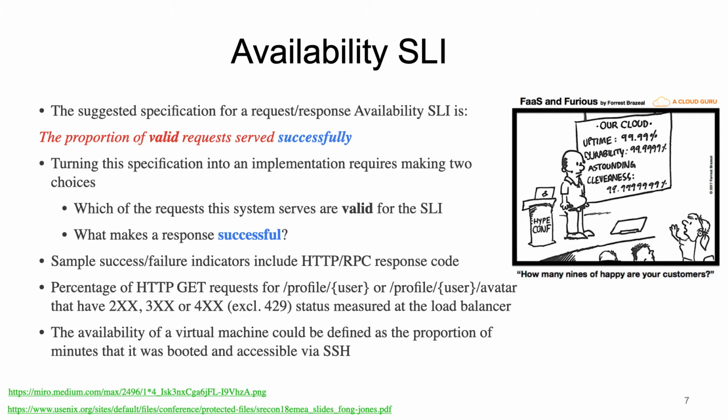So what is availability? It's essentially the proportion of valid requests served successfully. We are saying valid requests specifically, not all requests. So if I want to turn this into an implementation, I have two choices to make: which of the requests in this system are valid, and what makes the response successful.